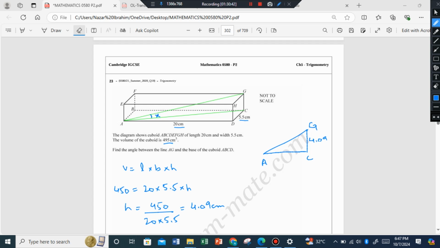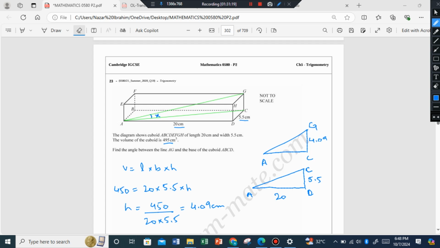If you remember the questions which we have done before, we will be seeing this triangle. This is a right angle triangle. I can see that it doesn't look like one, but it is. It's a cuboid, so ACD is a right angle triangle, with A, B, and C. So CD is 5.5 and AD is 20.